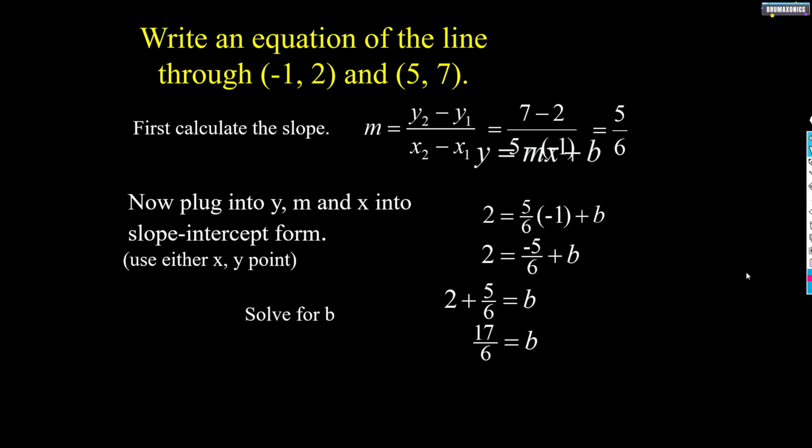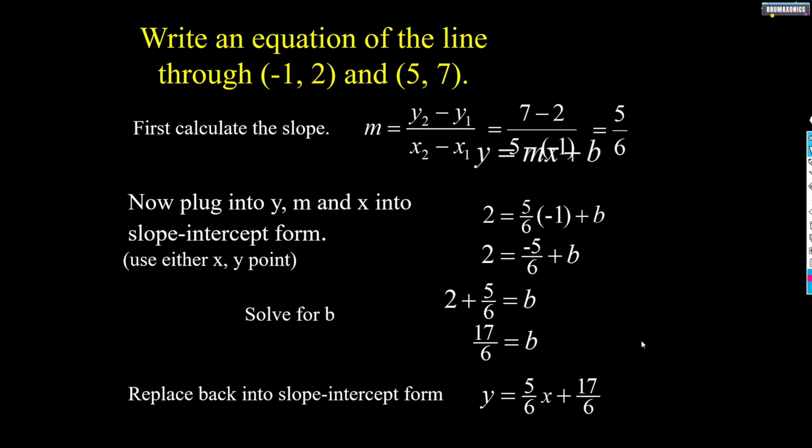And then we can now replace back into the slope intercept form, and that will be y equals 5 over 6 x plus 17 over 6 for b, right? So we need the slope and also the b, which is the y-intercept actually.